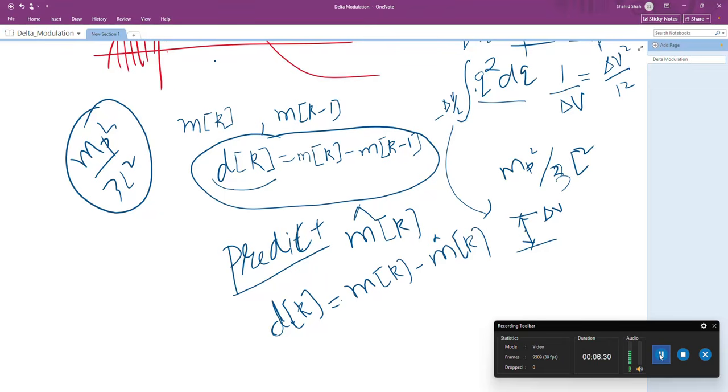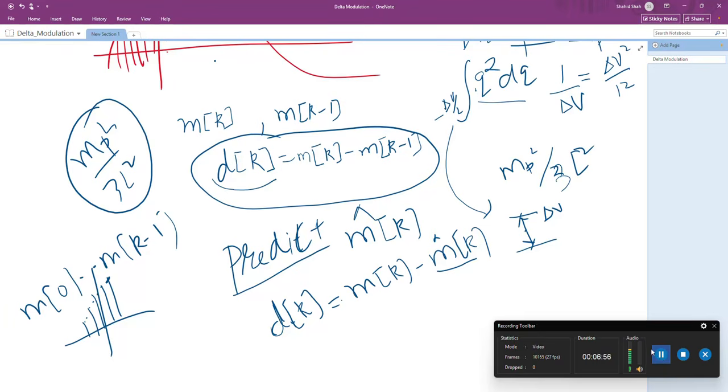How will this be done? Suppose you have m[0] to m[k minus 1]. With the help of these values, suppose the signal is growing like this, we can predict the value of the kth sample, and let that be m hat k. Then when the kth sample arrives, we take the difference between the actual value of the message at the kth point and the predicted value.